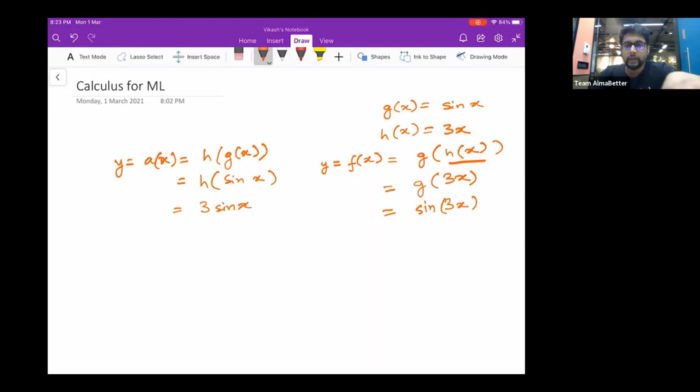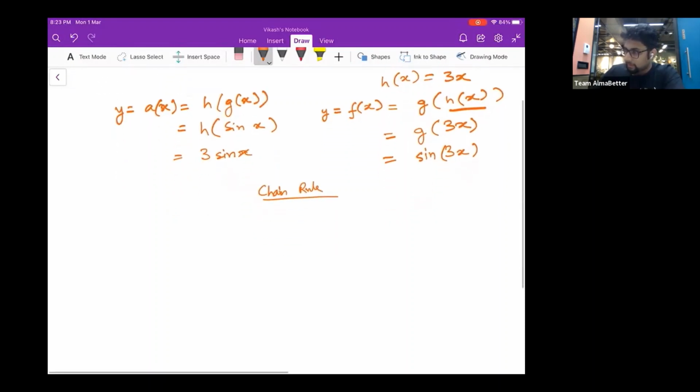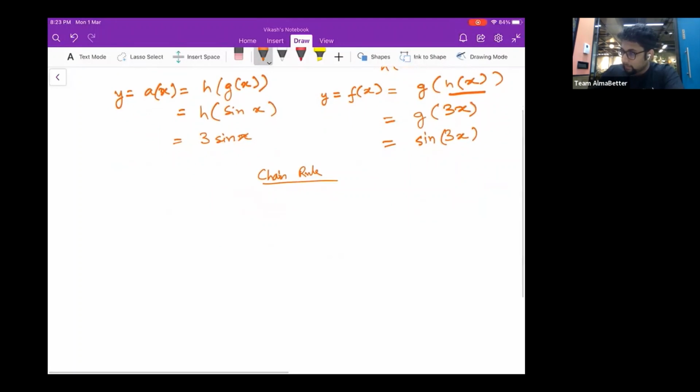All of these standard functions have certain formulas. But no one will explicitly mention the formula of sin 3x, so that you have to calculate. So this is where we study the chain rule.